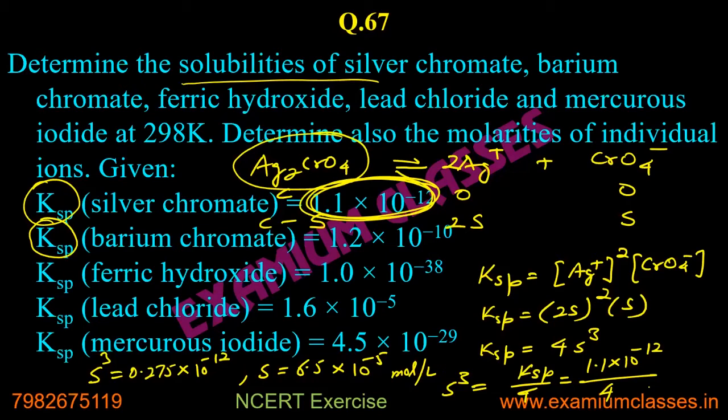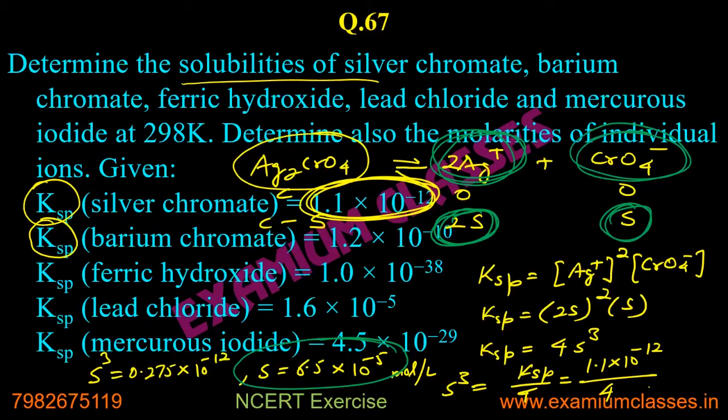Now, the second part is to determine also the molarities of the individual ions. Remember, we have calculated S, so 2S will be the molarity of silver ion, and S will be the molarity of chromate ion. So everything you calculated.